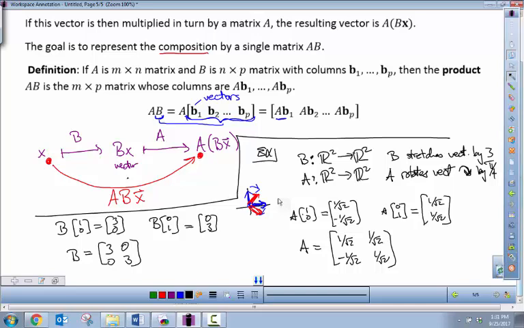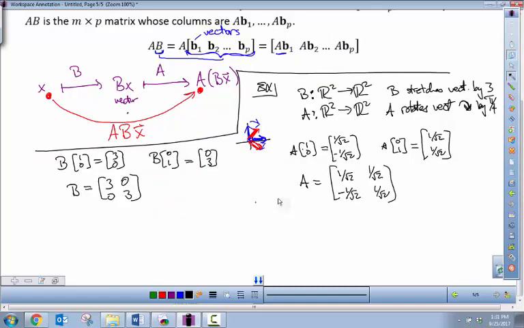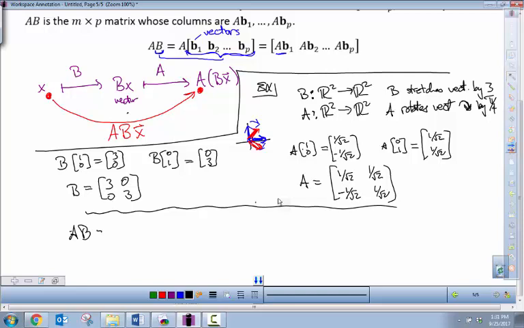So according to this definition, AB is going to be your matrix A that's going to get applied to your, well, that's not your matrix A. Your matrix A is this big mess.